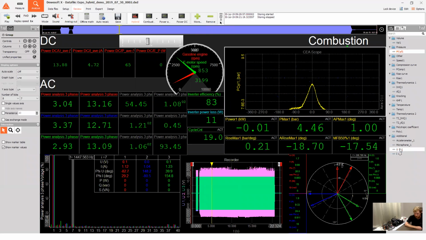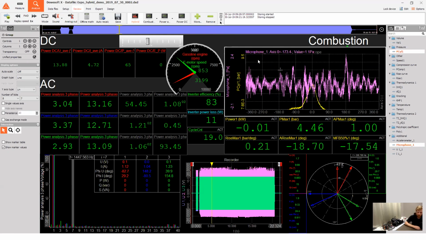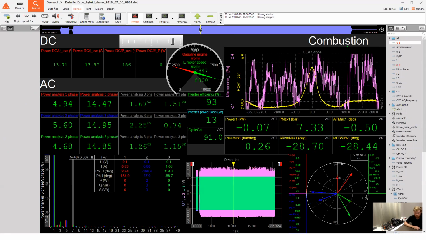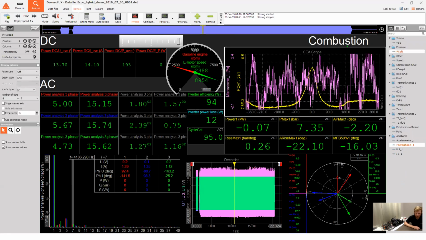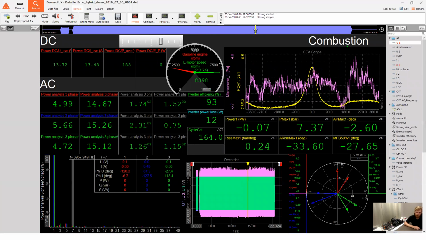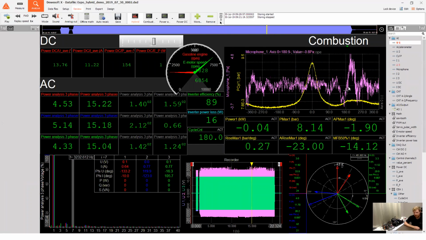We have here also measurement of sound. We have one microphone, and if we put this as an additional channel, we can also evaluate this in the angle domain, and we can also see the exact point of the exhaust valve opening.